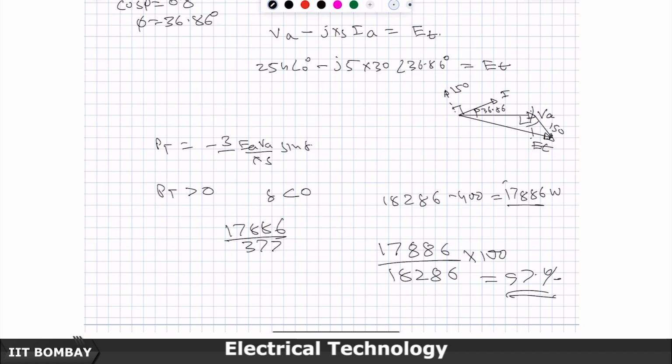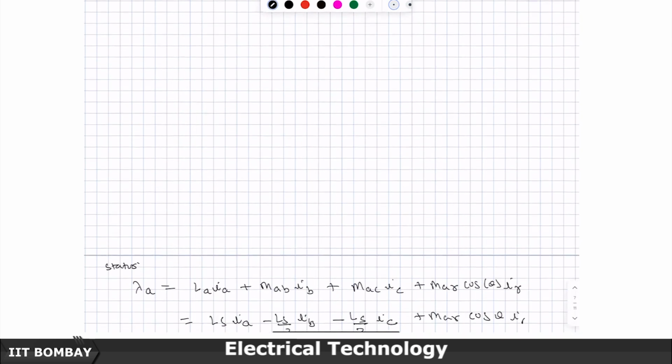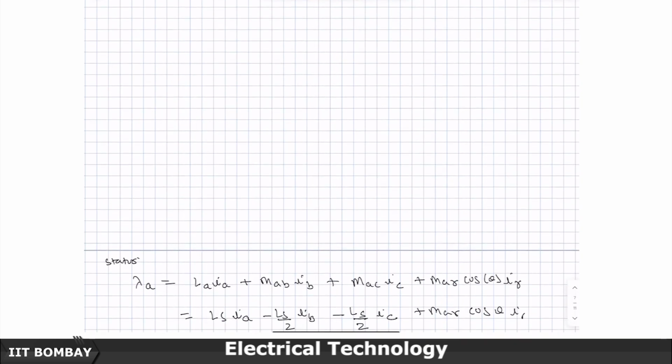Now, before I close this lecture, let me mention a small point here, that when dealing with the synchronous generator, usually what we do is, we had this as the equation for the synchronous motor.